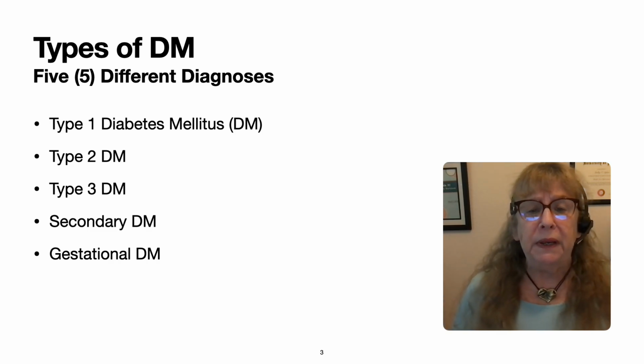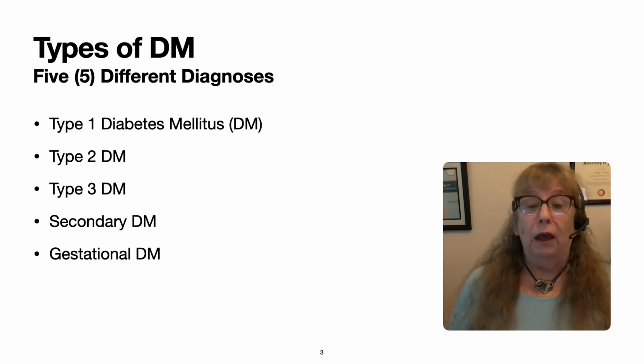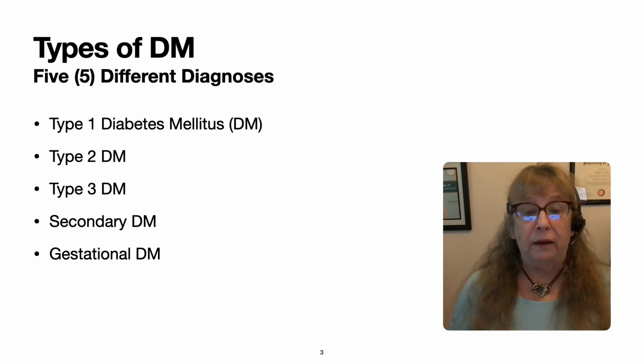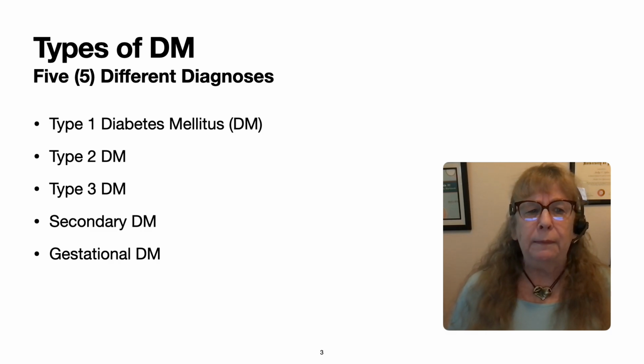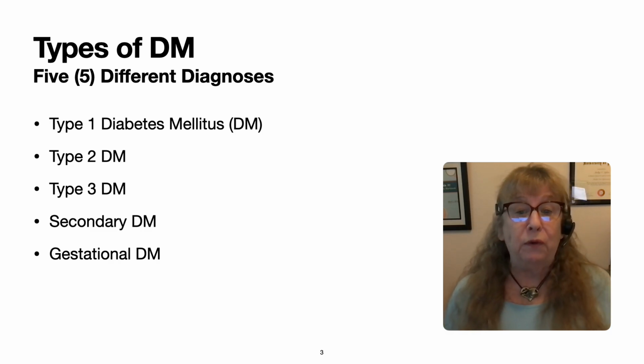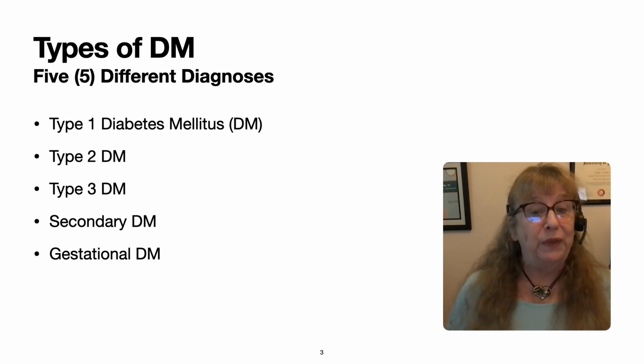Type 2 diabetes is acquired through a person's lifestyle as well as some inherited possibilities. And type 2 diabetes can be reversed with change in diet and exercise and sometimes some medication. That's the good news.